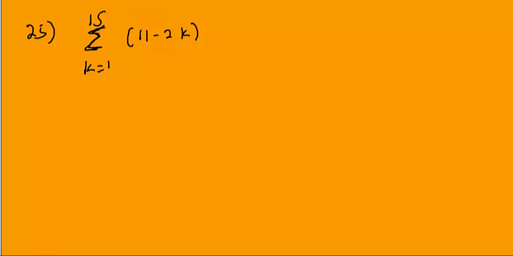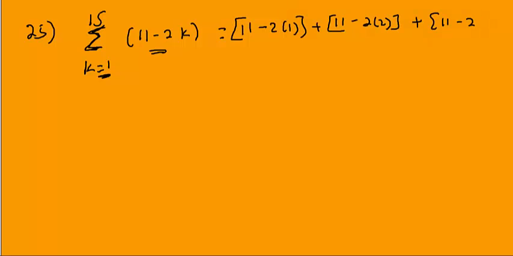What this really means, if you do it the long way, is that in this formula, they want you to plug in 1 for k, so it would be 11 minus 2 times 1, and then add to that 11 minus 2 times 2, and then add to that 11 minus 2 times 3, and then add to that 11 minus 2 times 4, and then 11 minus 2 times 5, so on and so forth.